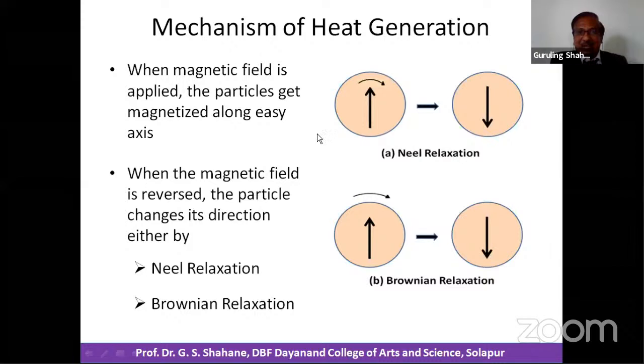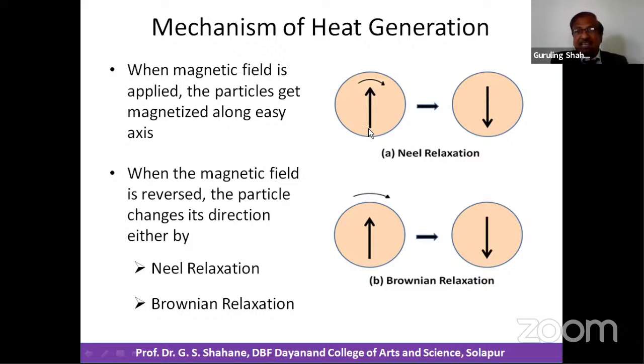Say, for example, now the field is in the upward direction. This particle is also magnetized in the upward direction. Now, if we reverse the direction of that field, there are two possibilities. Two processes may happen.